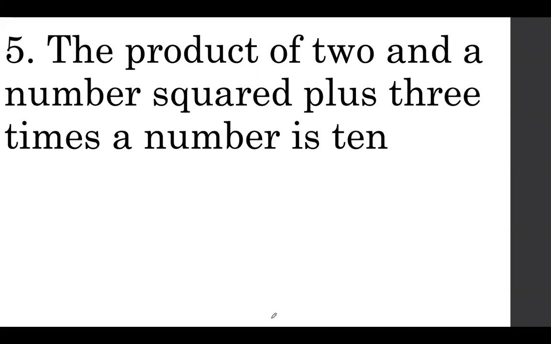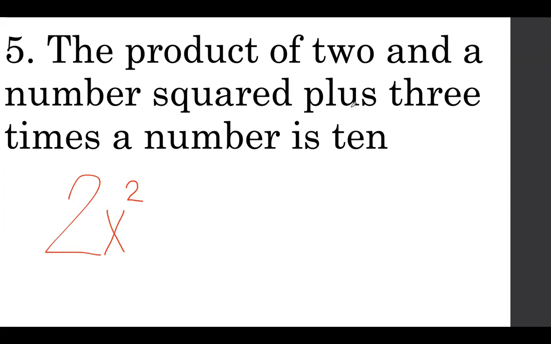So the product of 2, product being multiply, so 2 and a number squared. So we know that a number means a variable. And when we talk about squared, we're referring to those exponents. So that means we are going to be squaring the number or squaring the variable in the scenario. So we get 2x squared.